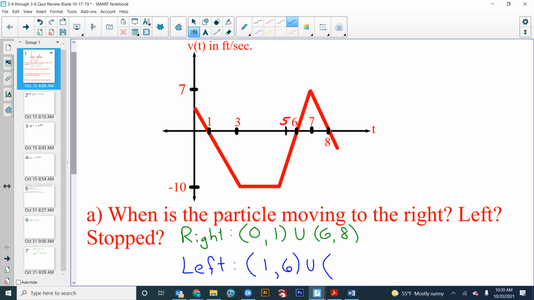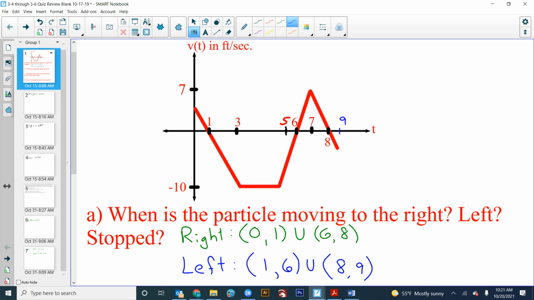On the quiz, I'm going to try to make it obvious, like here, let's call that 9. If you put 8 to infinity, there's no arrow on that graph, so technically we wouldn't say 8 to infinity. I was a little lazy, and I forgot to put the 9 there, or whatever unit that would have been. So I will accept your 8 to 9.